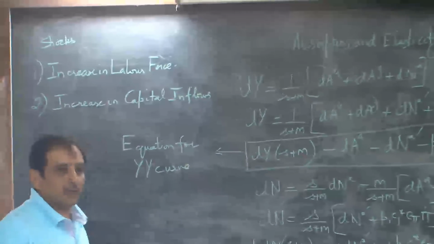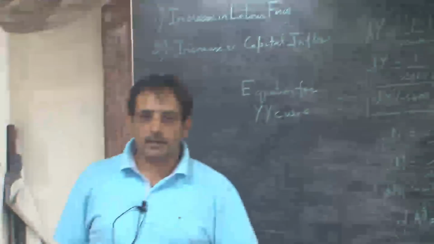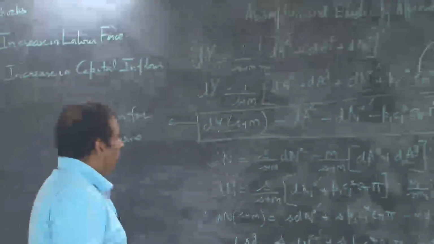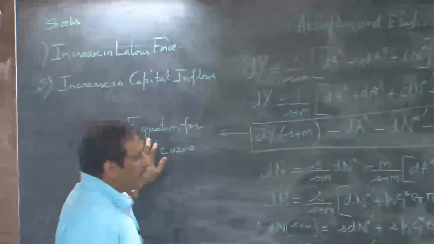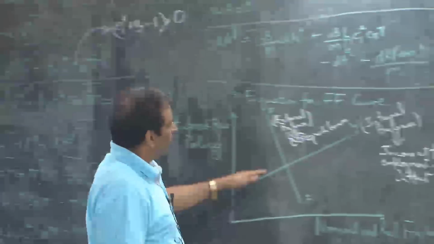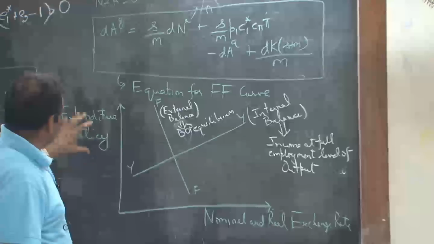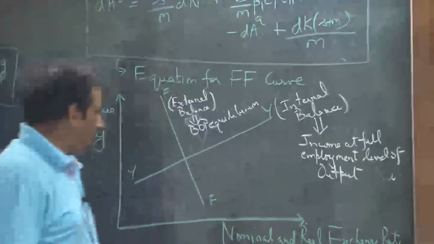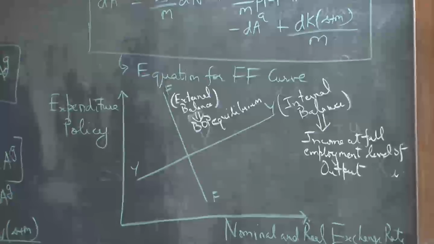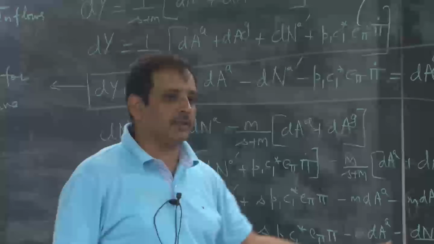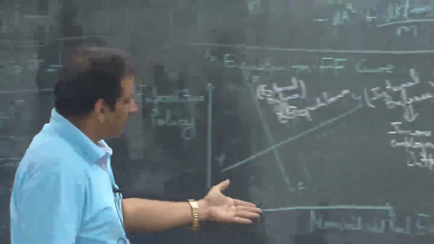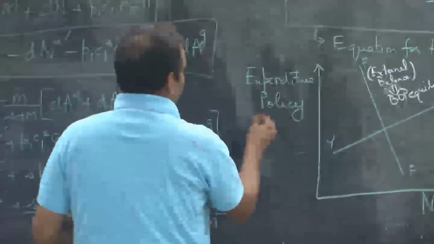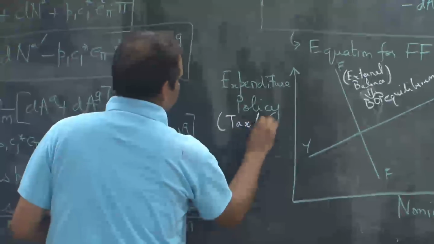When I say target level of income, it's the income which is required to maintain the internal balance. This is the equation for the YY curve here, which is upward sloping. So it shows different combinations of the expenditure policy and nominal and real exchange rates. There is no difference between nominal and real exchange rates here because we have assumed prices to be constant in home and foreign. So expenditure policy is tax, interest rates.